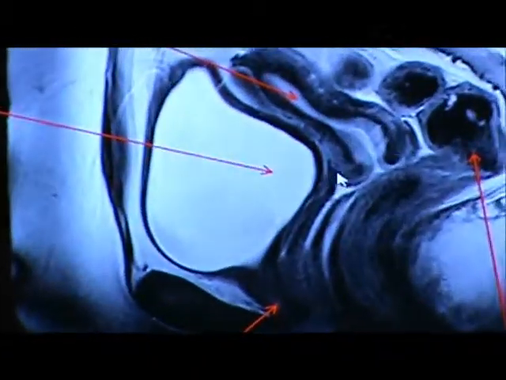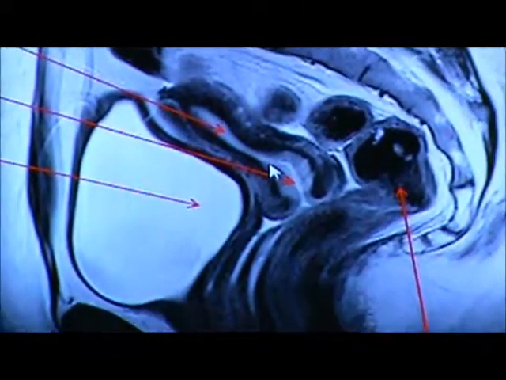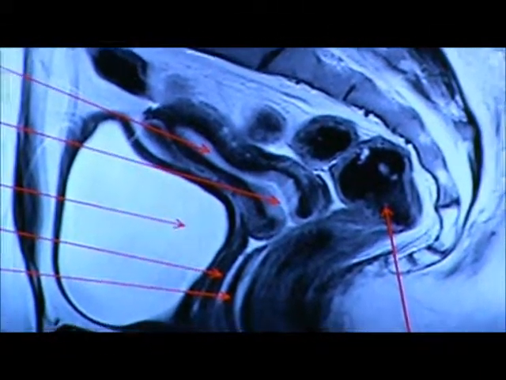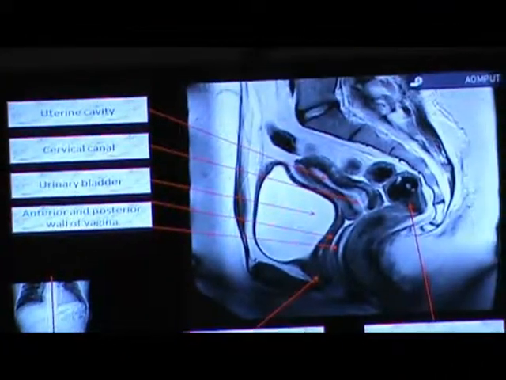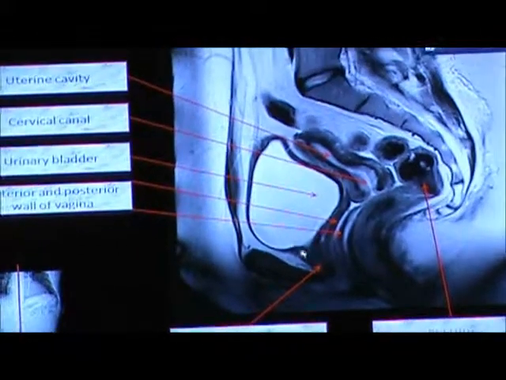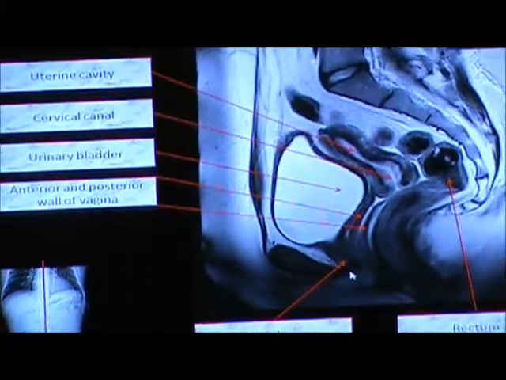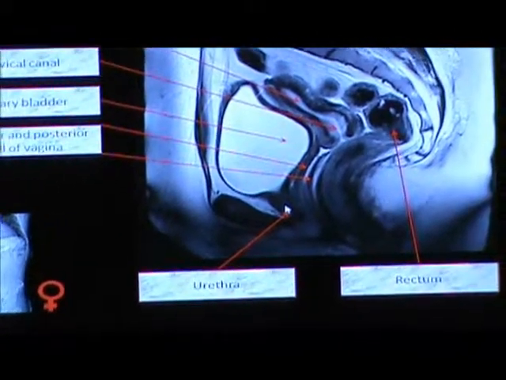Of course, we have also a cervical canal, and a vagina with anterior and posterior wall. Of course, we have also a urethra extending from the base of the urinary bladder and opening to the vestibule of vagina.